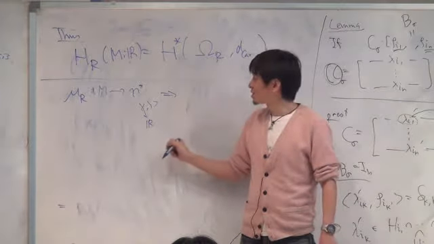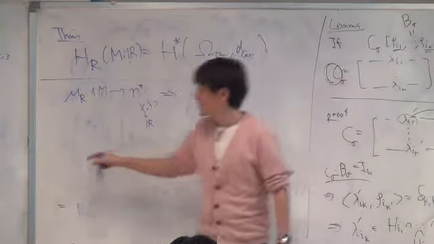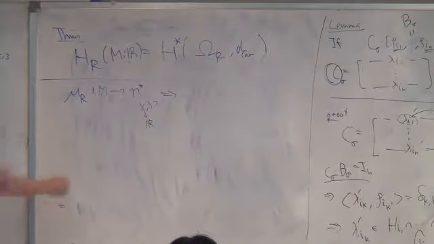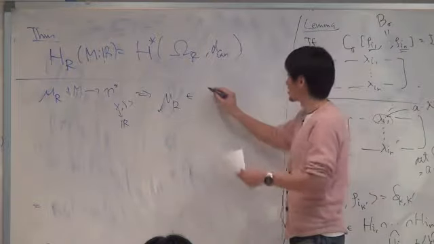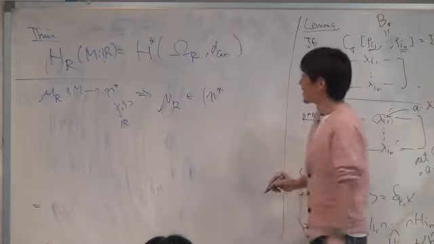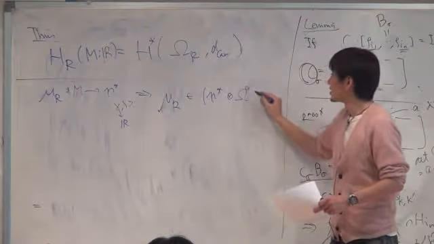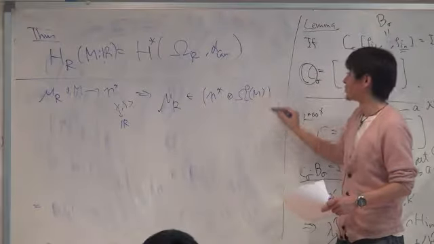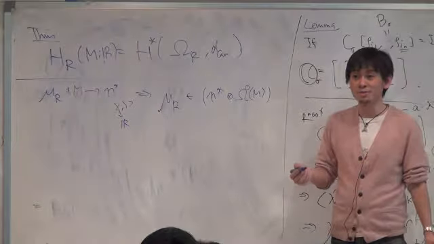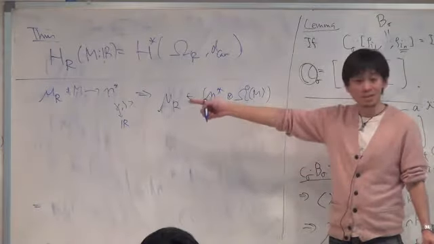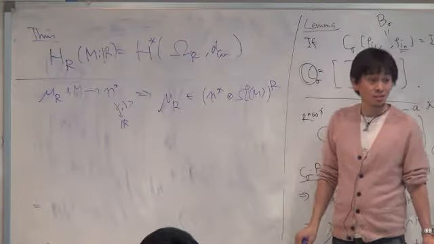For each Xi, you have a function. So this is an element of R dual tensor degree 0 differential forms, and a degree 0 differential form is a function. The equivariance of the moment map tells you this is in the R invariant part.